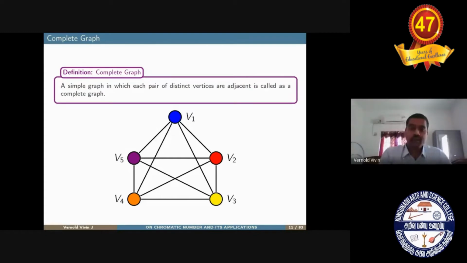That is, V1 is connected to V2, V1 is connected to V3, V1 is connected to V4, and V1 is connected to V5. Every vertex is adjacent to one another. They are called complete graphs. Okay.